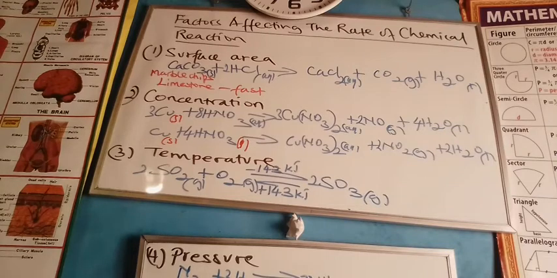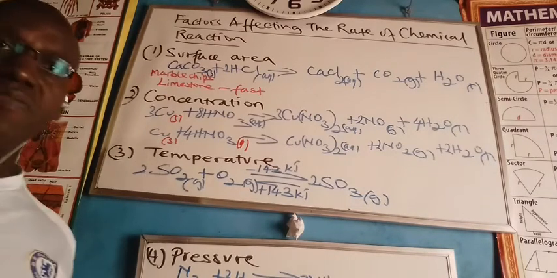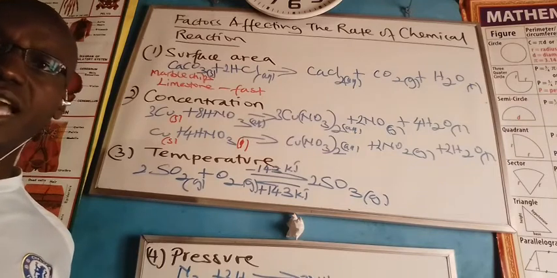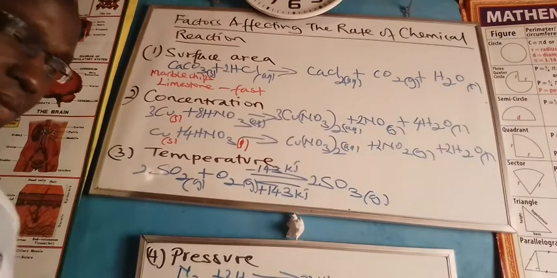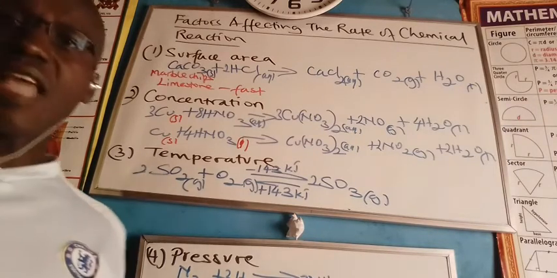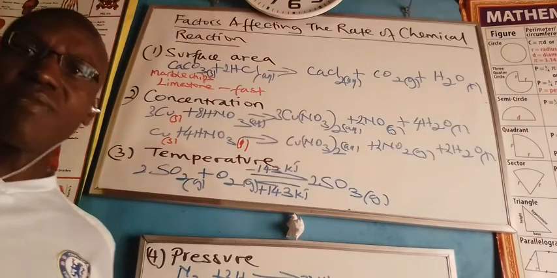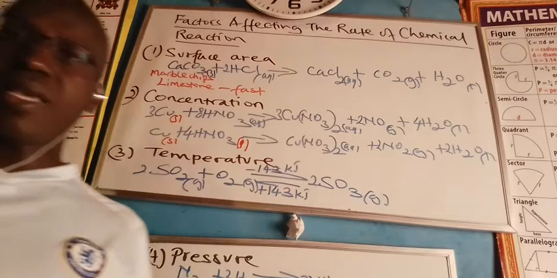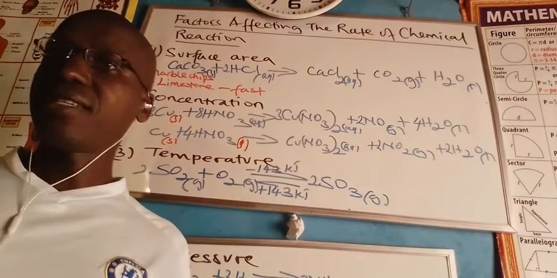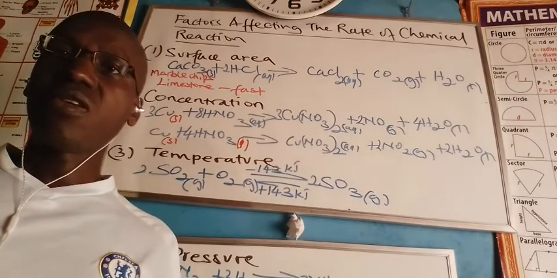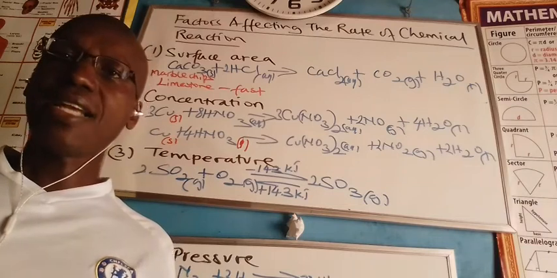Number three, temperature. Whenever temperature is added in a reaction, it will affect the reaction depending on its nature, whether the reaction is heat absorbing or endothermic, or whether the reaction is heat releasing or exothermic. Whenever a chemical reaction is endothermic, it will infer that the addition of high temperatures will enhance that process.